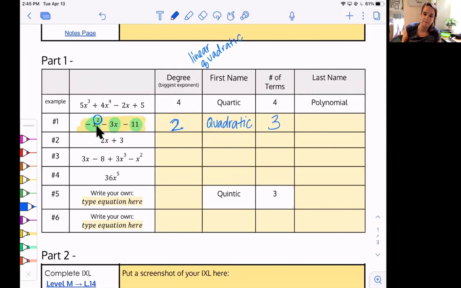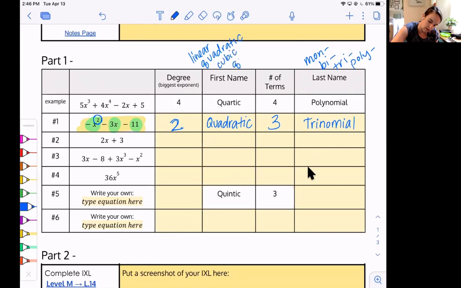What's your prefix? Try. Trinomial. So number 1 would be called a quadratic trinomial.